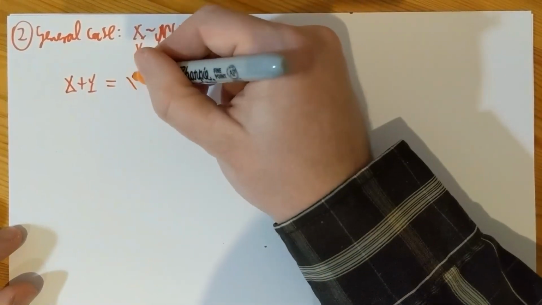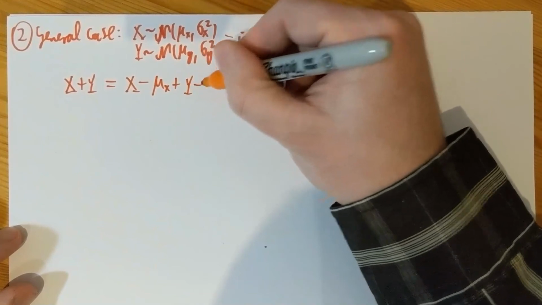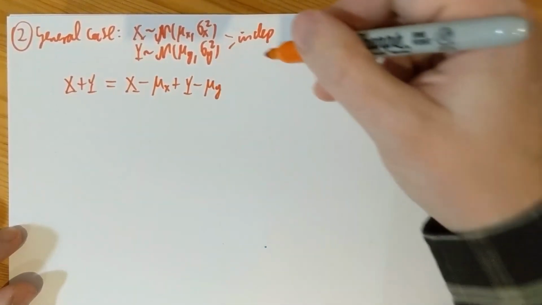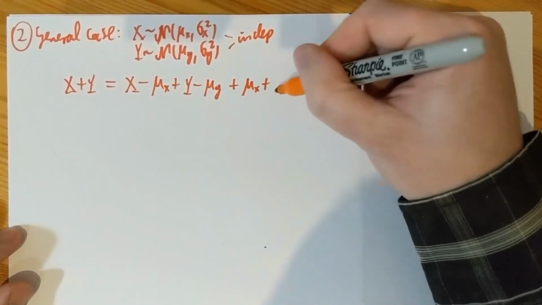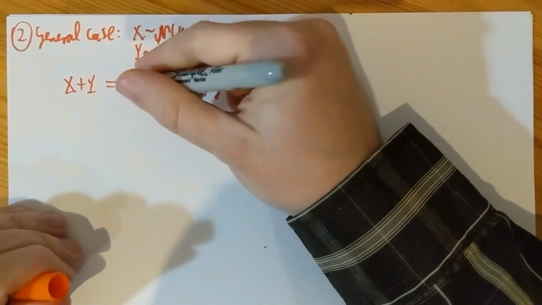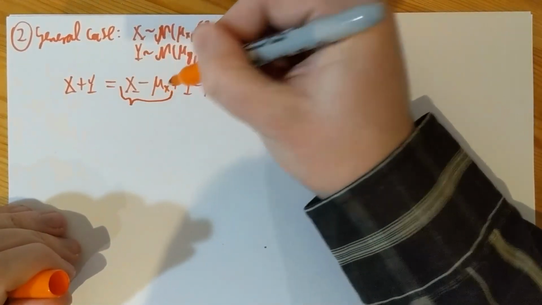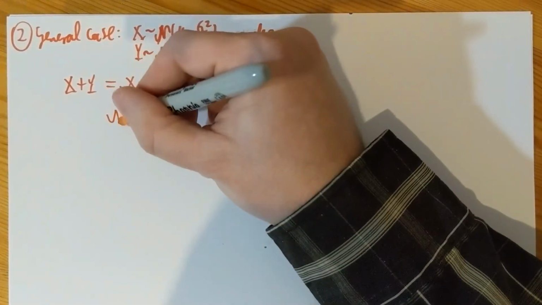And let's write x minus mu x and y minus mu y, which is of course not equal, but it is going to be equal if I add back the means. And now I can say the following. X minus mu x is still normal, but its mean is now 0.